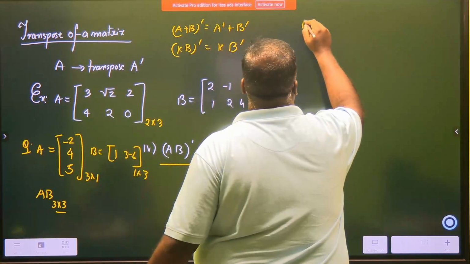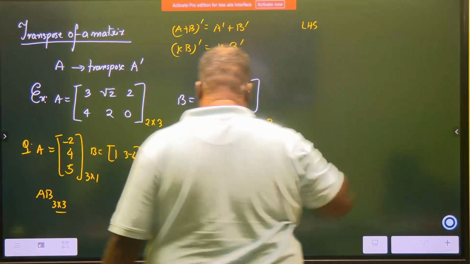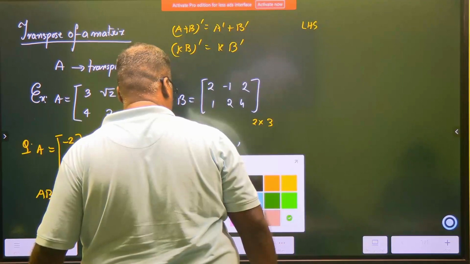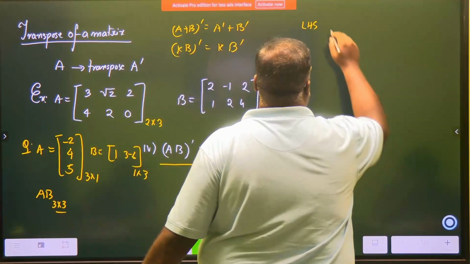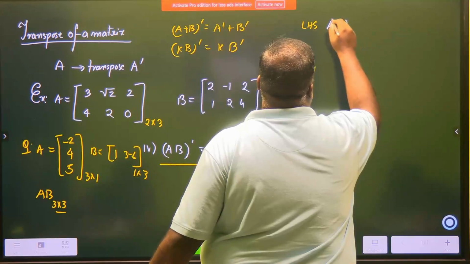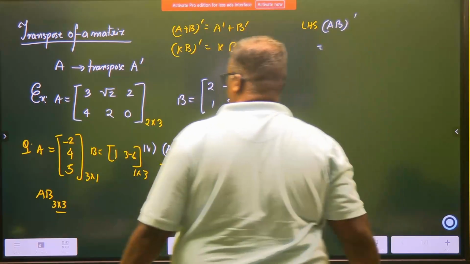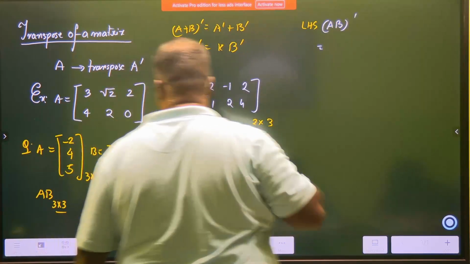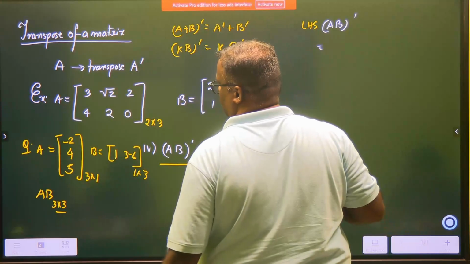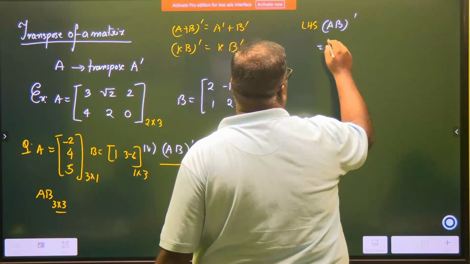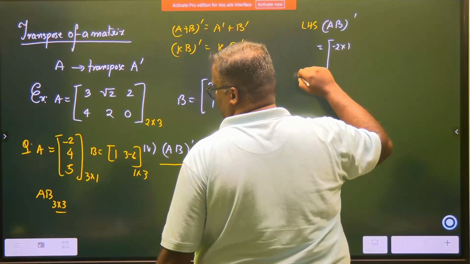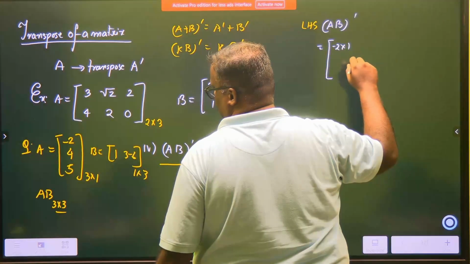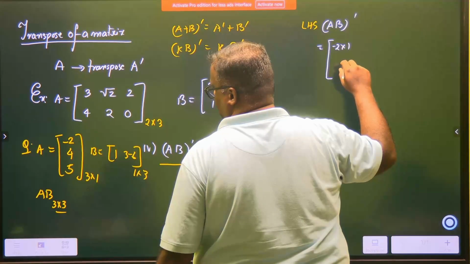Okay, what is my left hand side? My left hand side is (AB) transpose. So let's do first A into B. Negative 2 into 1.